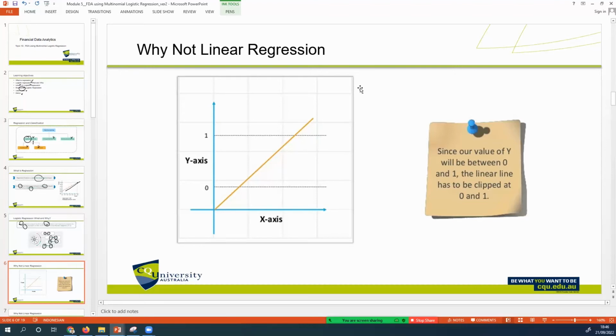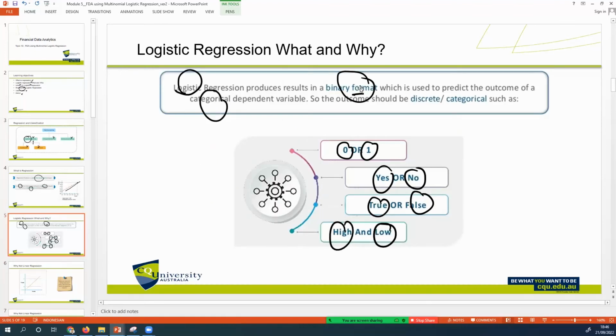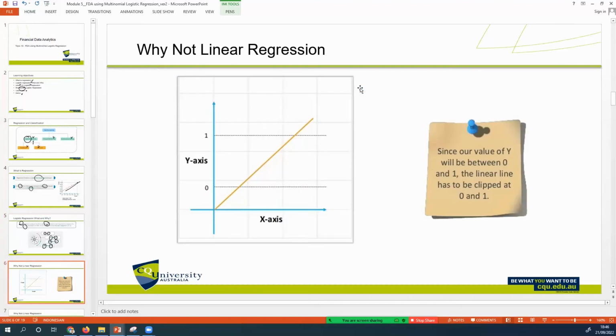So the question is, to solve the problem of 0 or 1, why can't we use linear regression? Because linear regression can also have 1 or 0. So why do we not use linear regression? Because when we use linear regression, the line will exceed the top and bottom.